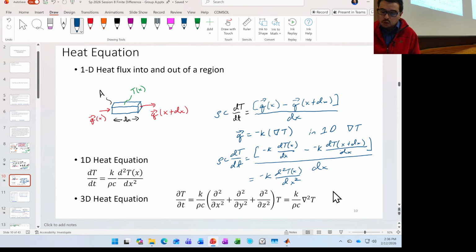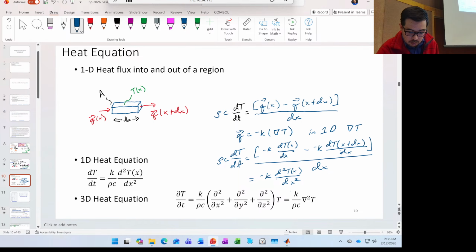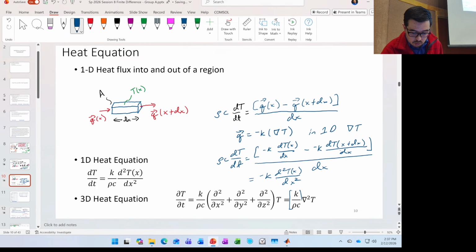So this quantity right here is also well known, and this is known as alpha. And alpha is what we call thermal diffusivity.